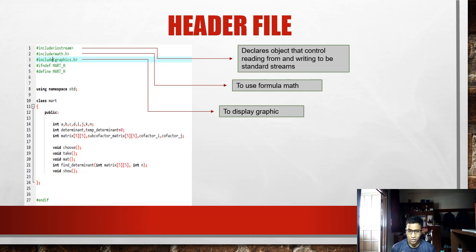For this coding I want to use the power function, pow, in brackets, let's say 2 to the power of 3, so 2 comma 3. I will use that, and then #include graphics.h in order for me to print my manual working in graphics.